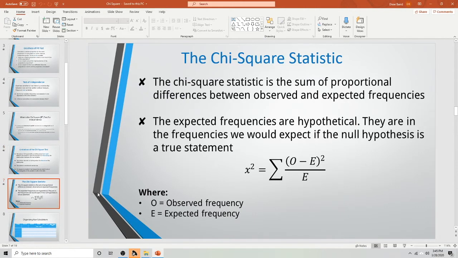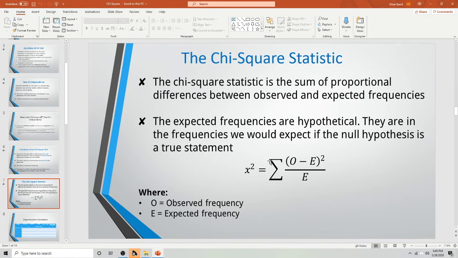Now, the chi-square statistic, whether it be for a test of independence or a goodness of fit test, uses the same formula. Now, you'll notice here that you've got the terrifying sum sigma symbol right here. So yeah, that sucks.